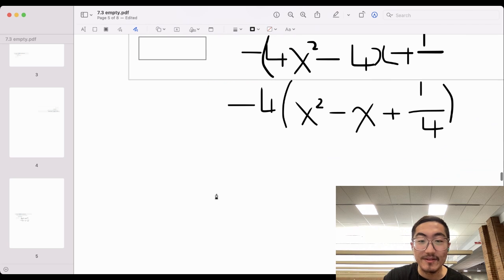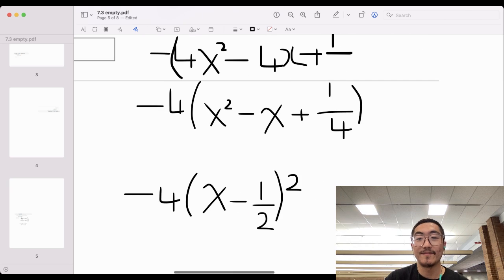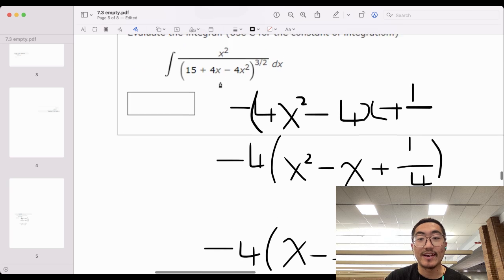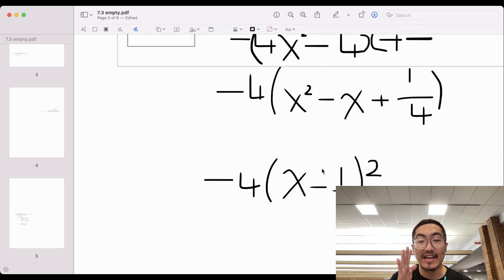We can set it as negative 4 times x minus 1 half, squared, and then determine the pattern for what they want you to do for the sub.